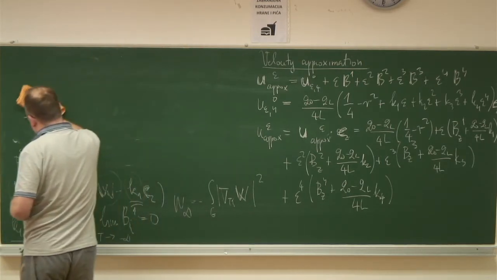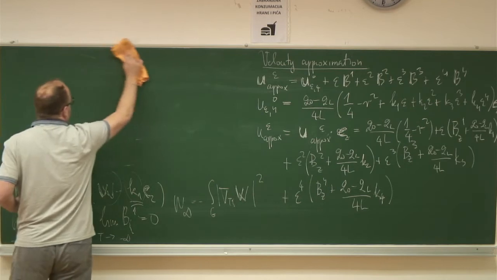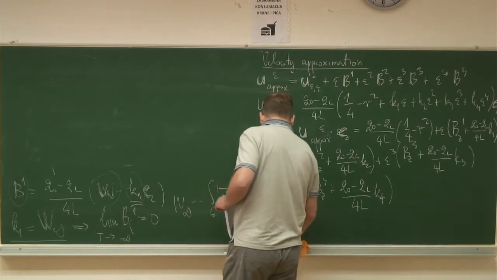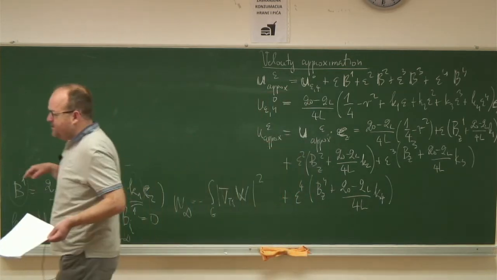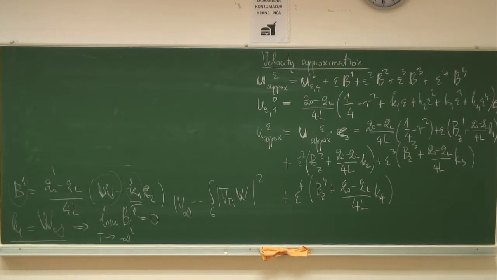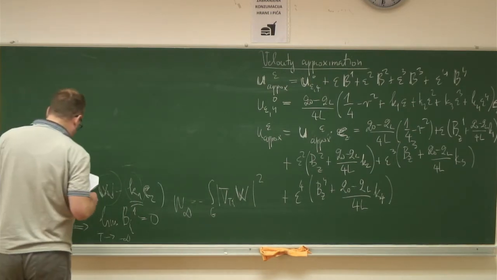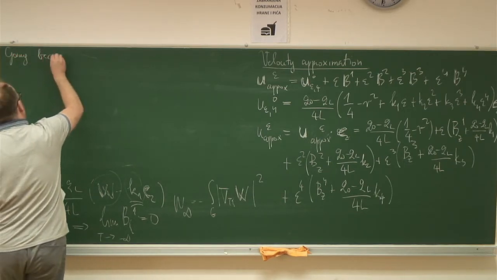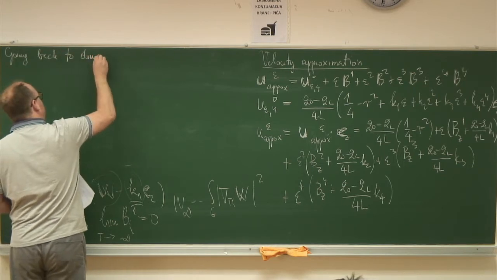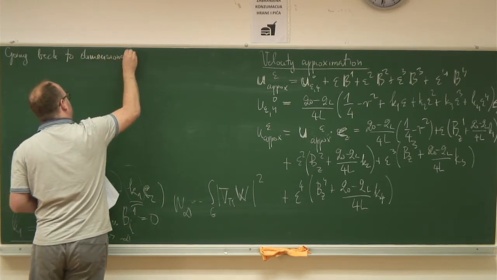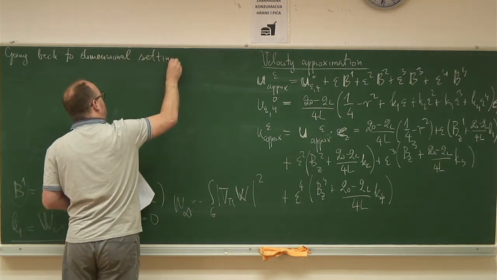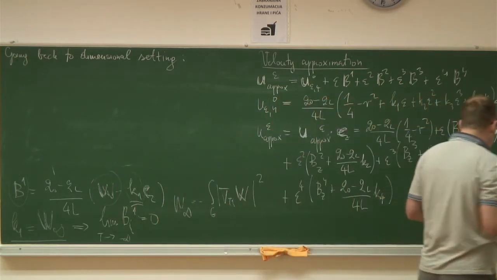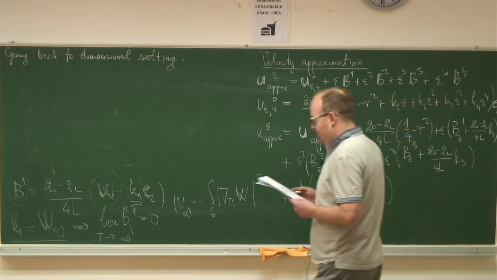And if you recall the very beginning of the last lecture, the ultimate goal here is to correct the well-known Darcy-Weisbach law. So we have to go back to dimensional setting. So going back to dimensional setting, our velocity approximation takes the following form.